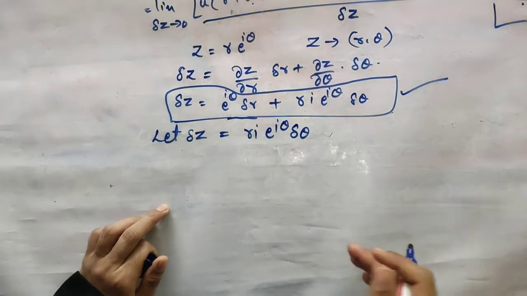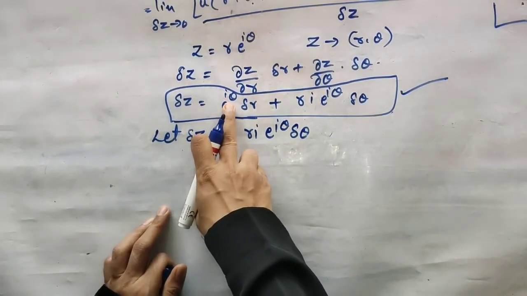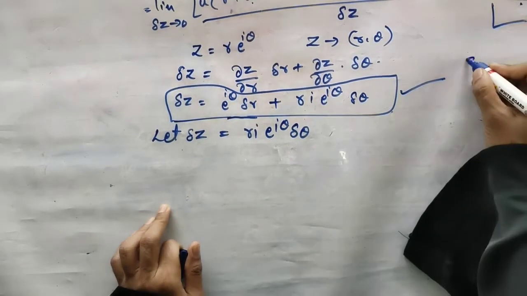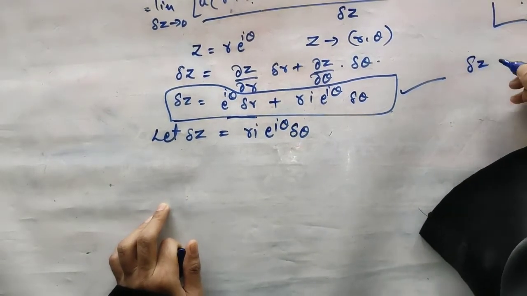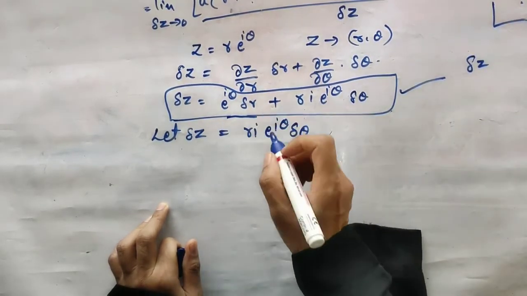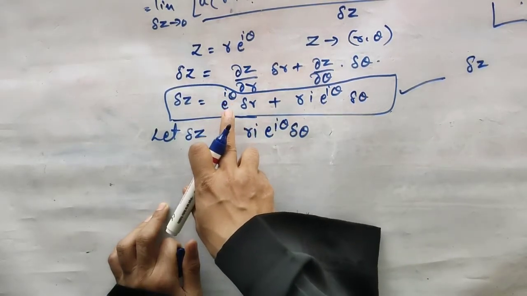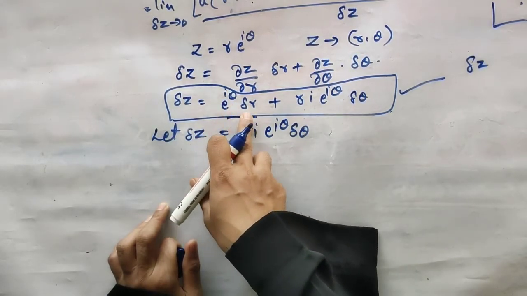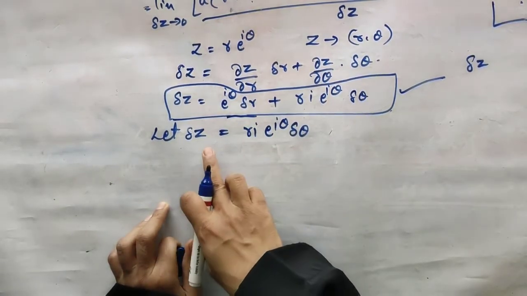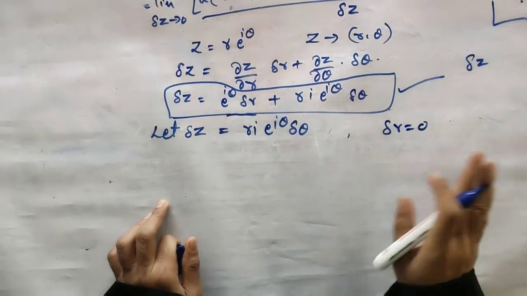In the previous case, we considered delta z to be wholly real, wholly imaginary, is it not? But I cannot say the same thing here because both terms contain I. This also contains I in hidden form. It is cos theta plus I sin theta into delta r. So I can only say that let delta r directly be 0, so that there is no change in r.